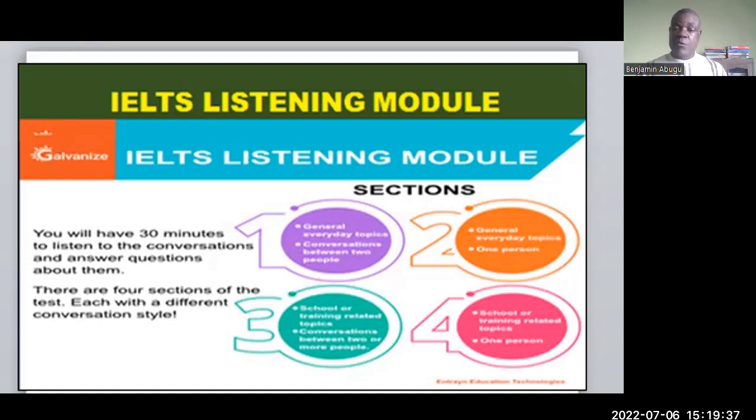You need to answer the questions while listening to the audio, and that is why you have to enter the answers as the question booklet is right in front of you. You enter the answers as you listen. Now, at the end of that exercise, you'll be given an extra 10 minutes to transfer the answers from the question booklet to the answer booklet, which will be provided to you.